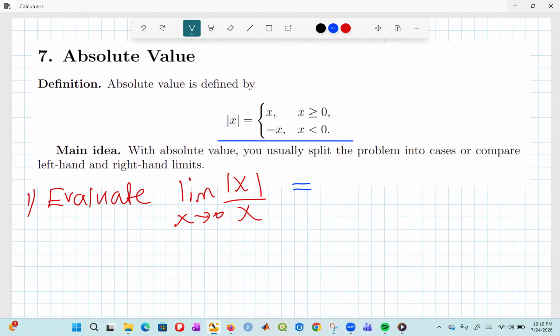Again, using direct substitution, we have absolute value of 0 over 0, which gives us 0 over 0. So let's use the definition, okay? Solution.